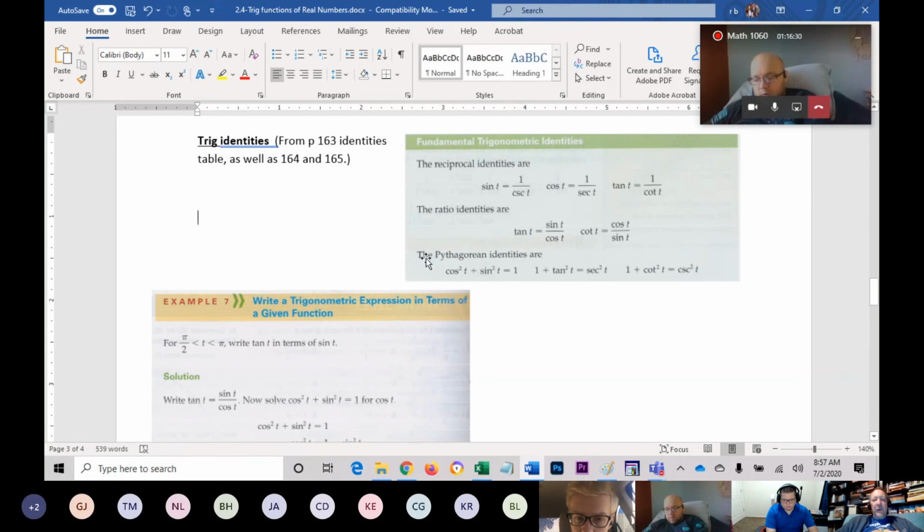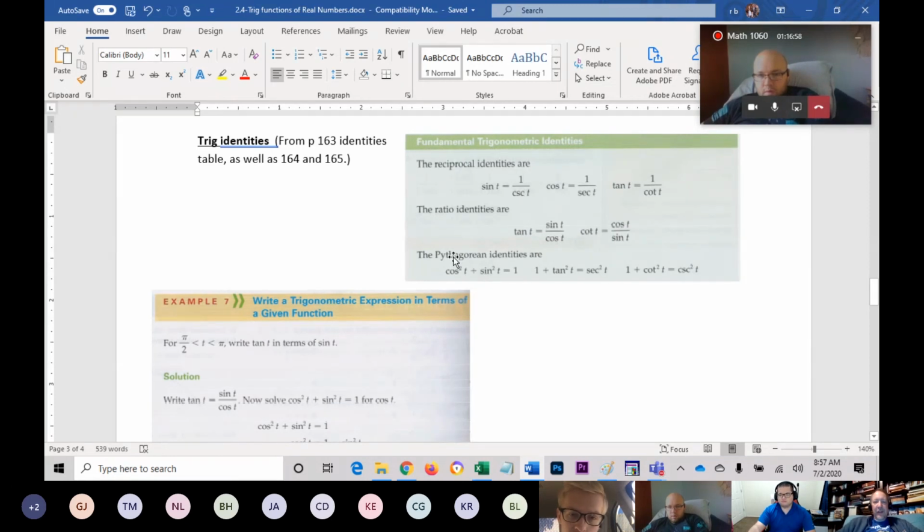We also have what we refer to as the Pythagorean identities, okay? So this is something you're going to definitely want to memorize. Hopefully you've already got that memorized, okay? This is probably new today, but hopefully that's not too bad. In the unit circle, remember that x squared plus y squared equals the radius squared, which is 1.